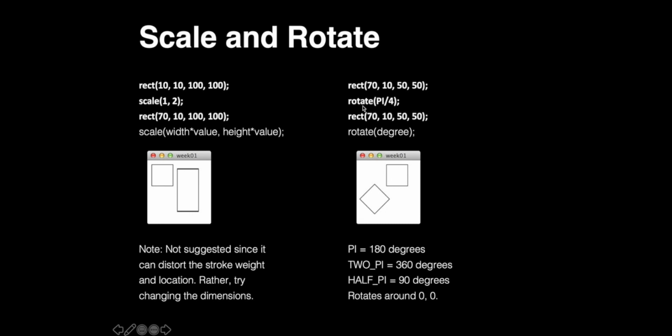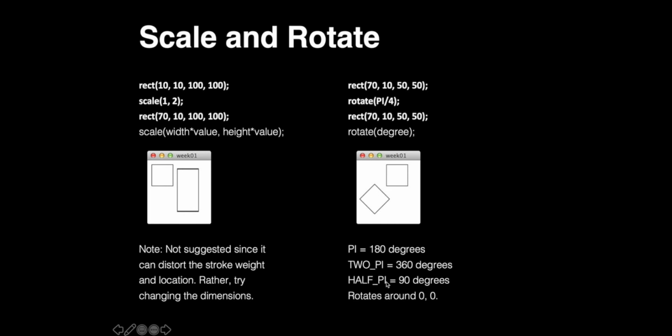For rotate, you can play around with the rotate function, and you can also use it in collaboration with the radians function. By default, rotate allows you to pass in values that are based off of pi. So pi is equal to 180 degrees. If you have 2 pi, which is another variable that comes standard with P5, it's 360 degrees, so it does a full rotation.